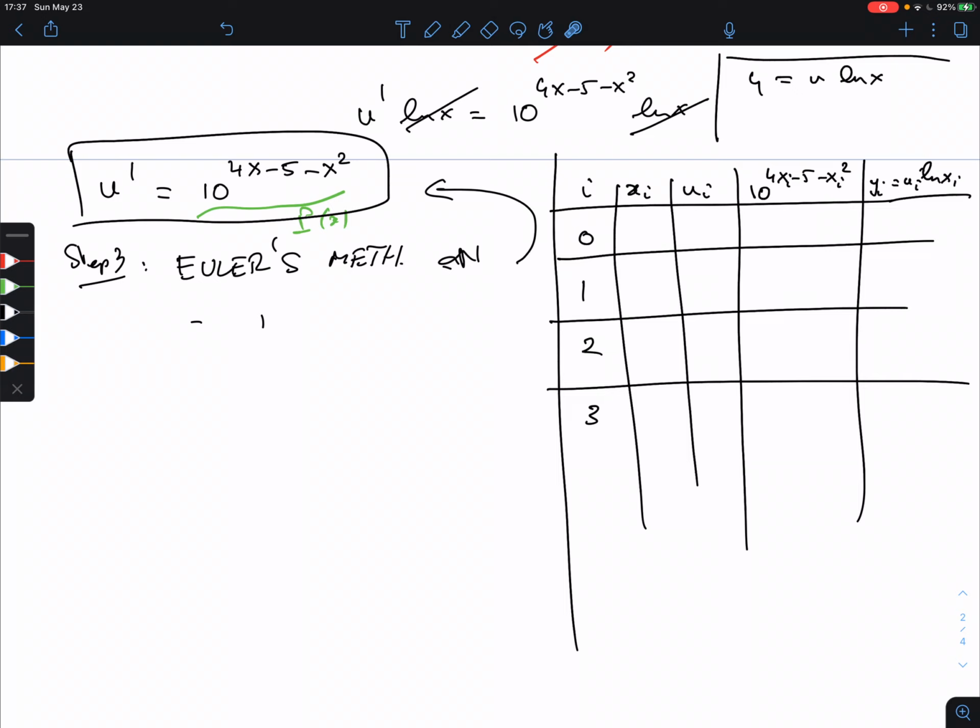So let's write down what it means for i equals 1. Okay, we know that we start at x equals 2. And the first question is, what is the value of u at 2? We know that the value of y at 2 is 3 ln 2, right?